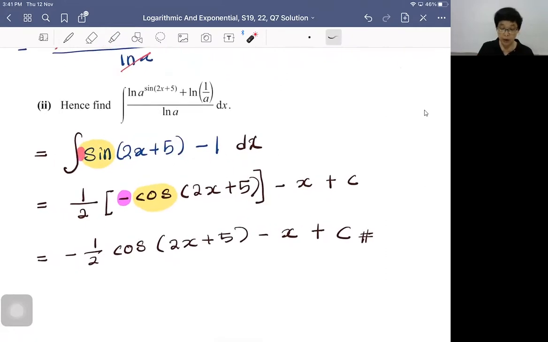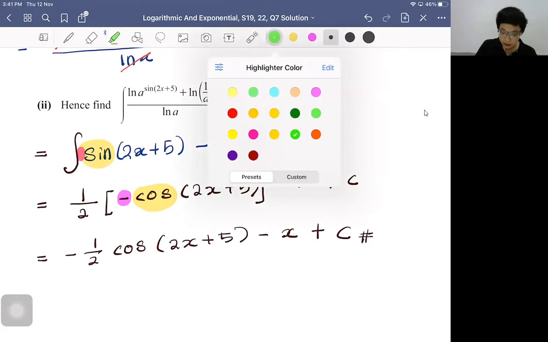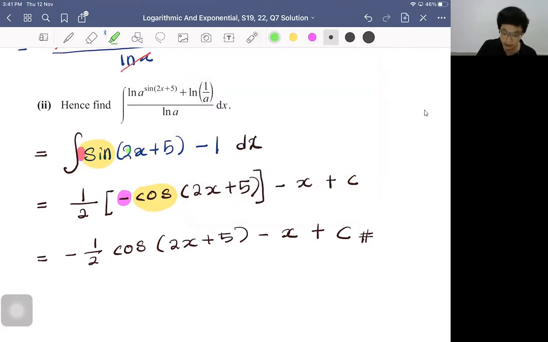The rule of integration is that we divide by the differentiation of the inside. When you differentiate the inside 2x plus 5, you get the coefficient 2, and being the rule of integration, we divide by that coefficient.